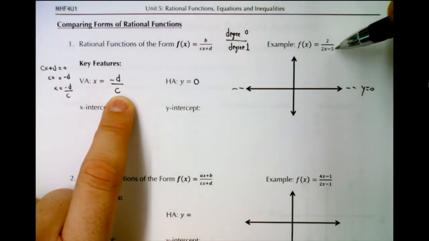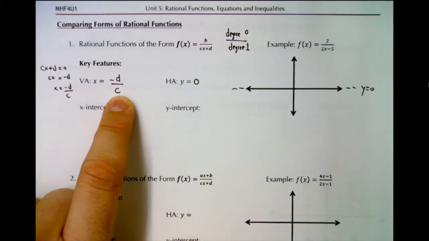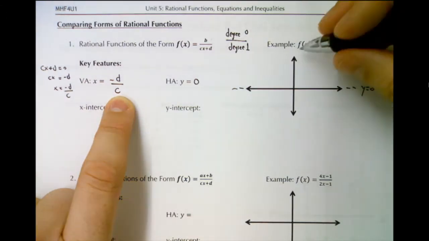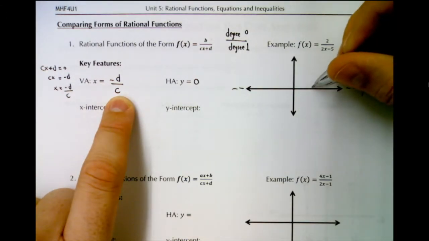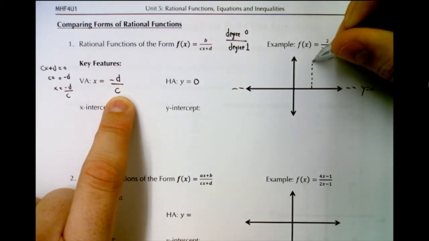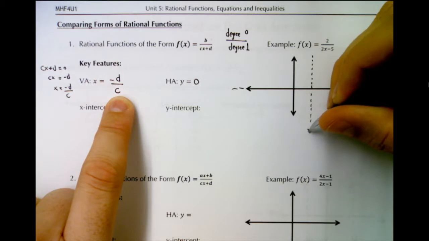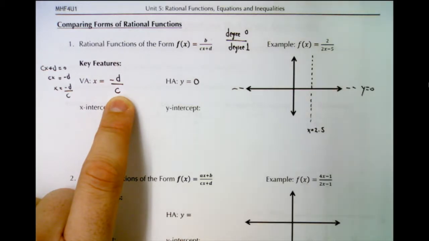So in this case, negative 5, if we switch the sign, becomes positive 5, divide by 2. Our vertical asymptote in this case is 5 over 2. So that's exactly 2.5. So for our sketch, we would have a vertical asymptote at x equals 2.5.